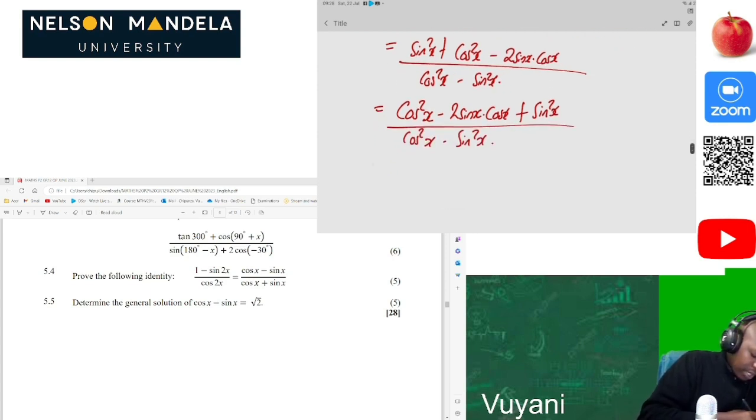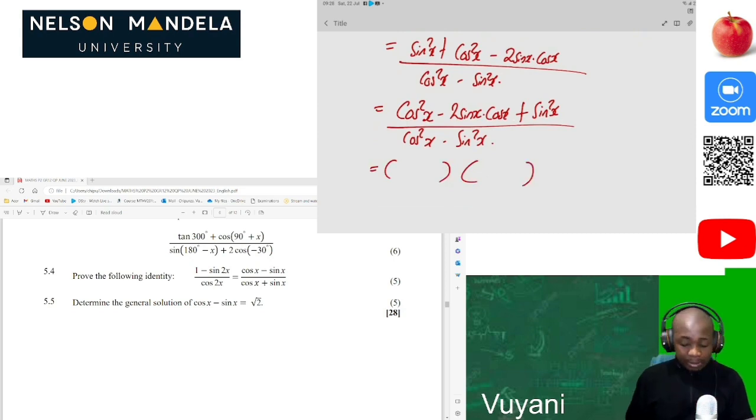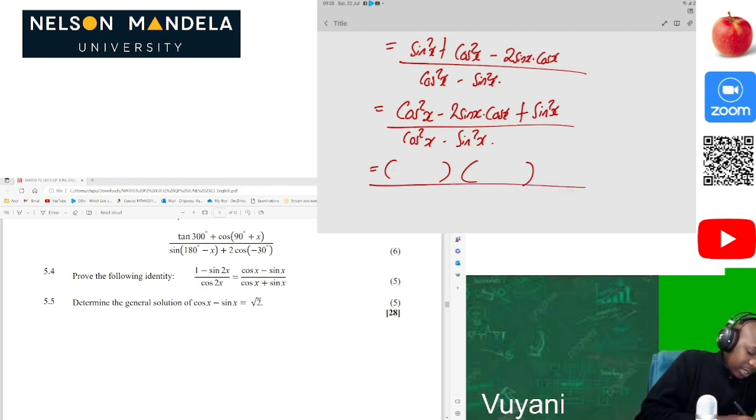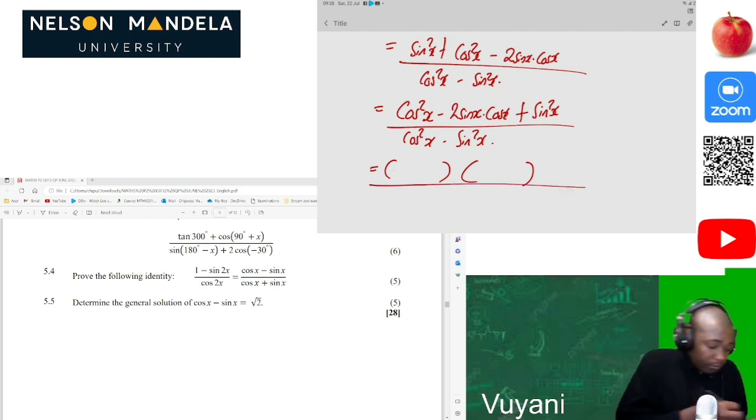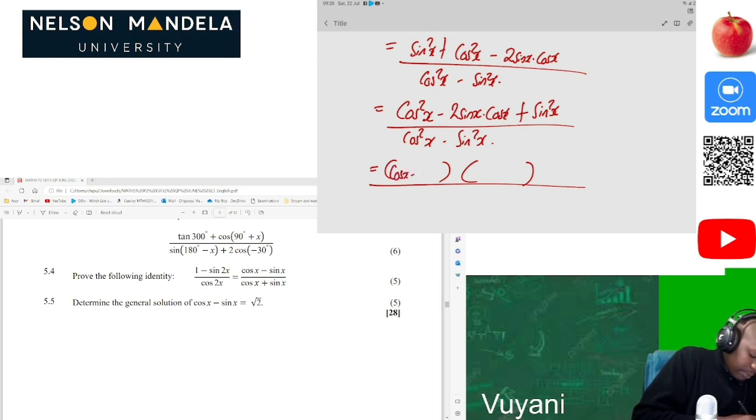Of course, we can now do our calculation there, because the numerator is already an equation which you can solve. We know our quadratic equations, so we can see that this is already easy for us. So that will be cos x minus sine x.